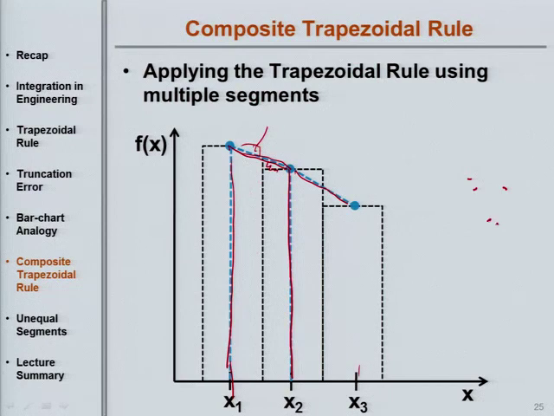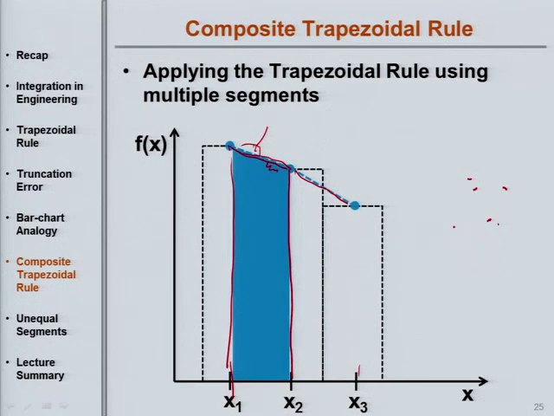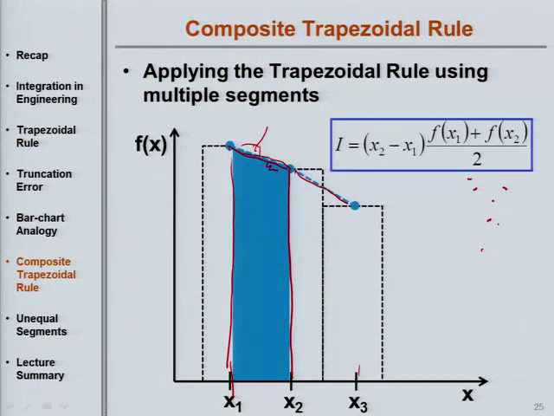Likewise, if we then do the next one, this is just the area of this trapezoid in here: x2 minus x1, that's the width, multiplied by the average of the function values of the 2 points.